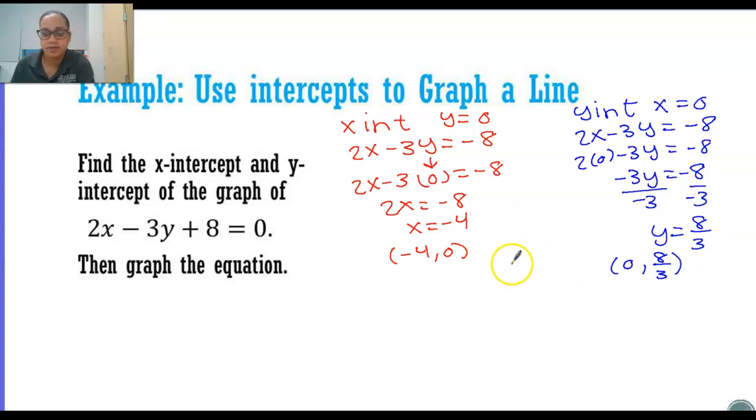So when I graph this, this is going to be a crude sketch. If I graph my y-intercept 0, comma 8 over 3, let's see, that's 1, 2, it's between 2 and 3, so about right there.